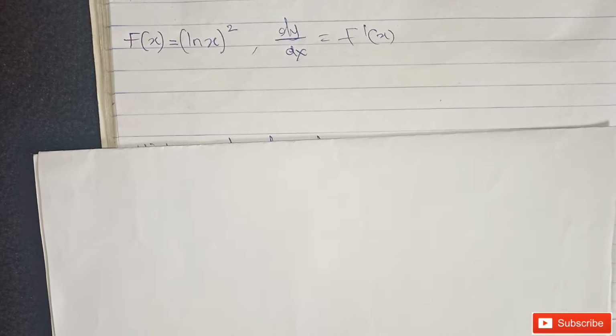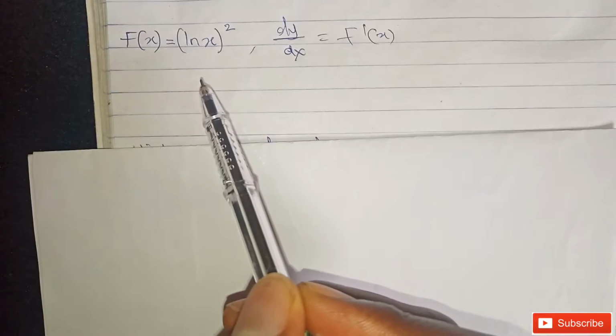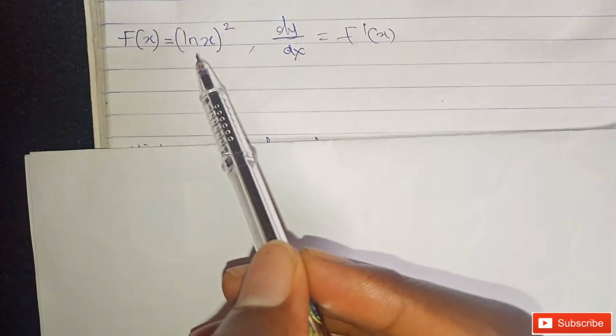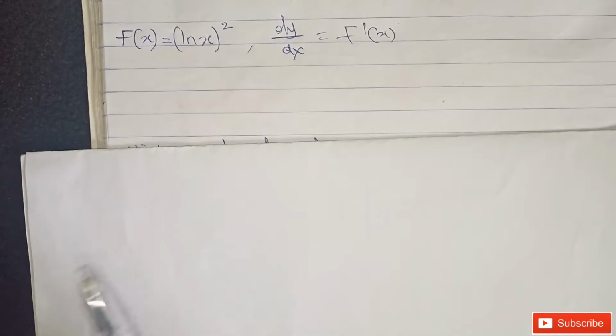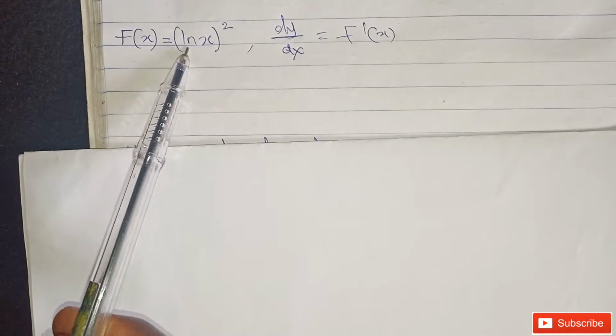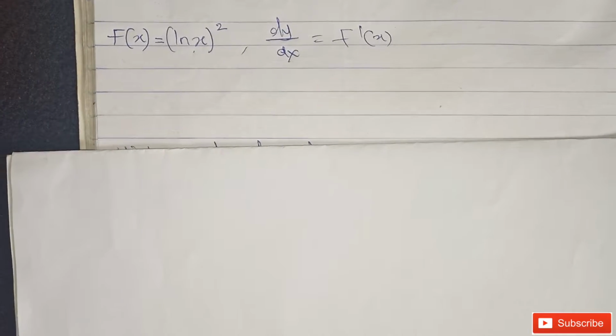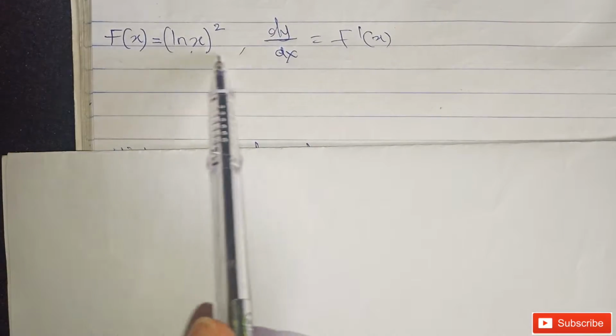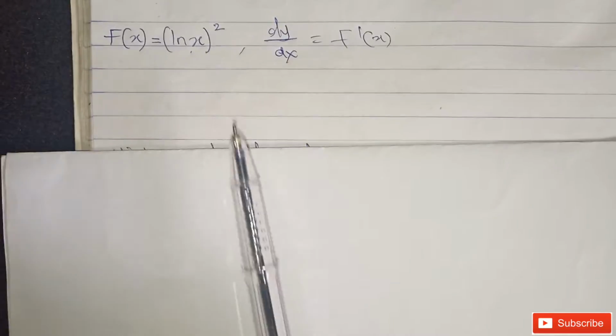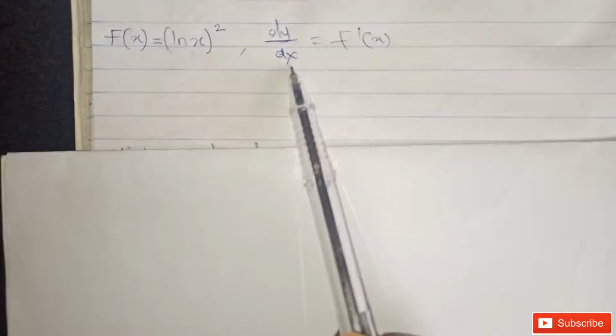Also in the last video, I gave this problem, which is f of x equal to (ln x) all raised to power 2. Of course, ln is just logarithm of x to base e, where e is Euler's number. So I asked you to differentiate that with respect to x, which is f prime of x or dy/dx.